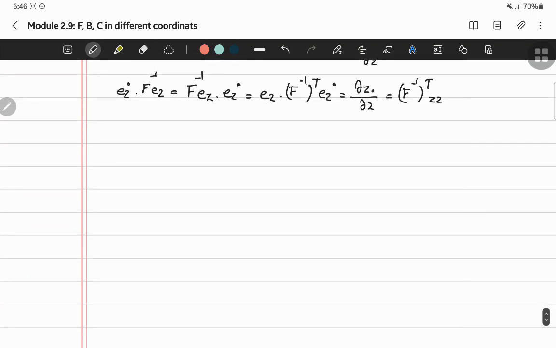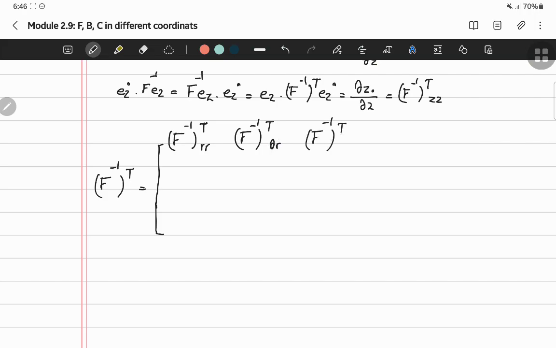So if I just want to write F inverse transpose in here, we're going to have F inverse transpose RR. Then we have R theta here, but we have theta R because it is transposed.